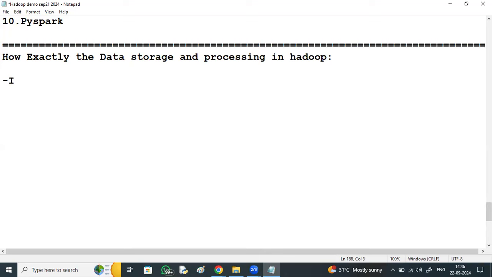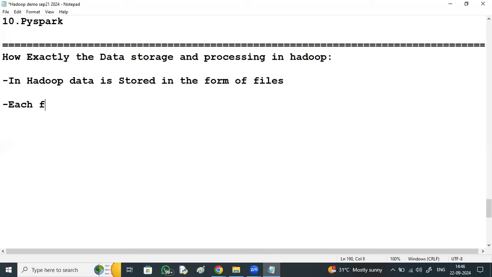In Hadoop, data is stored in the form of files.